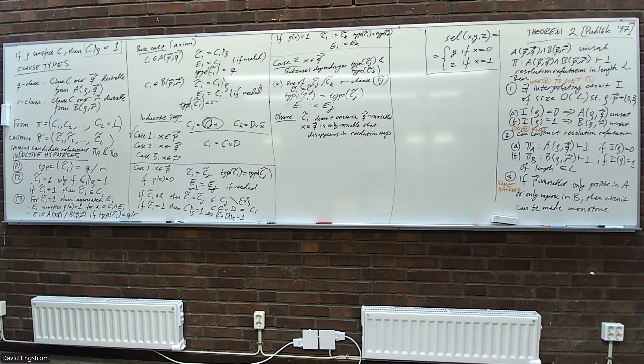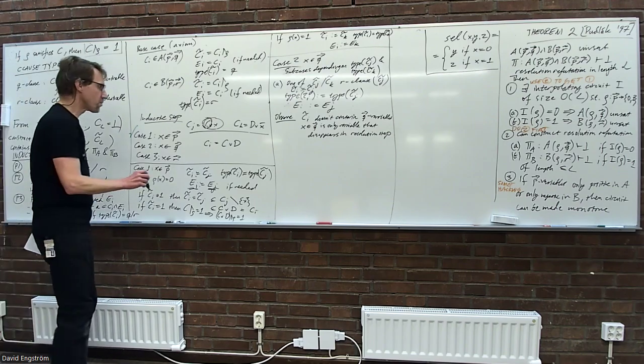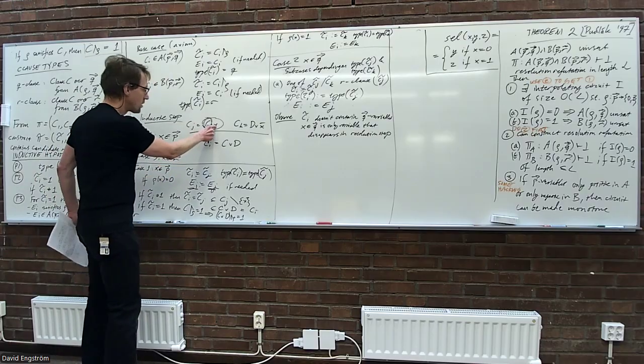Because let's look at it. Basically, suppose CJ was 1 only if CJ restricted by rho was 1.